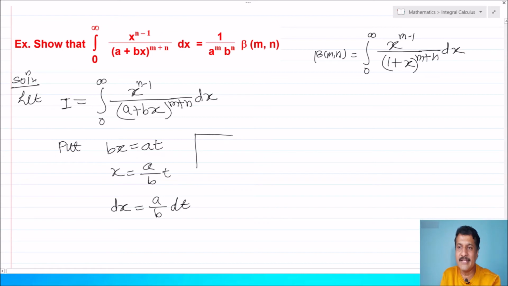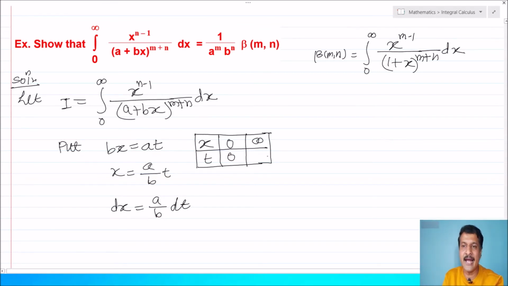What about the limits, x to t? Given limits are 0 to infinity, so if we put x equal to 0, I will get t equal to 0, and as x tends to infinity, I am getting t tends to also infinity.